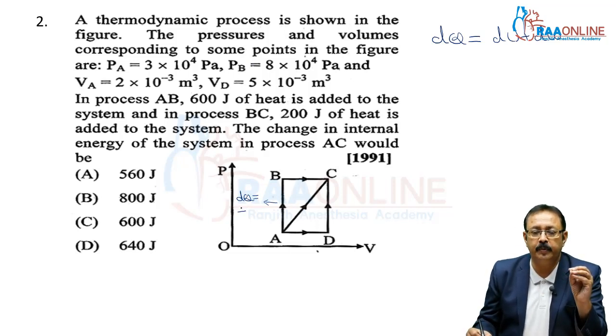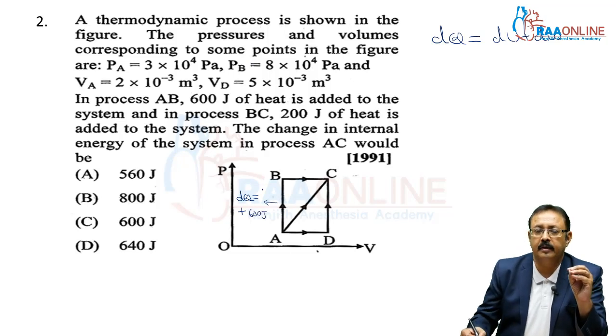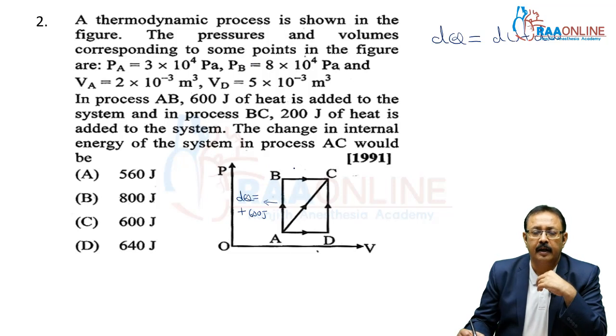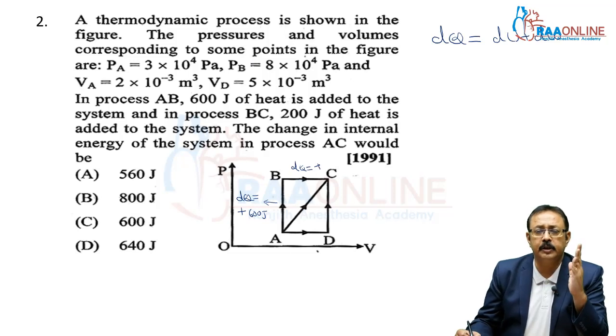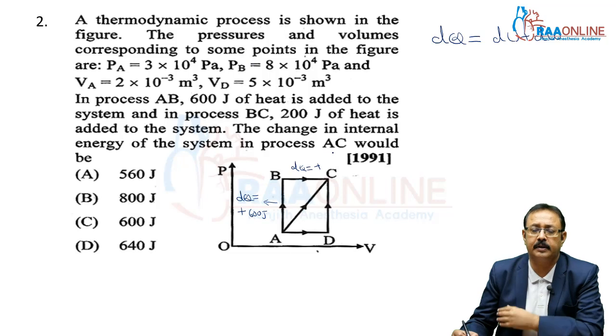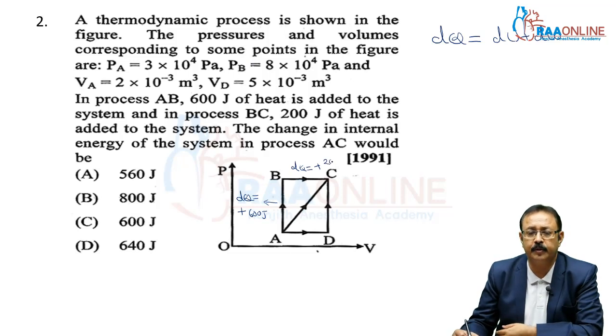So dq is plus 600 joule. From B to C, again dq is positive. They are saying that in process BC, we added 200 joule of heat to the system, meaning the system absorbed the heat, so it should be positive.